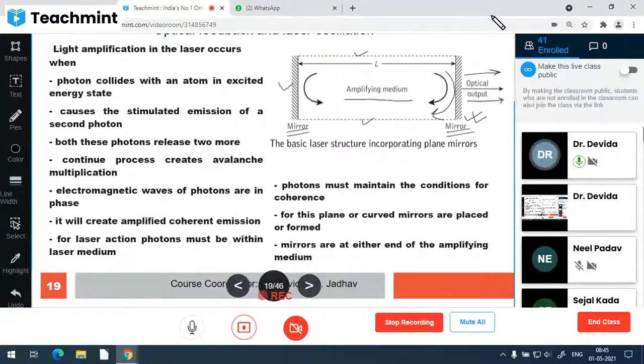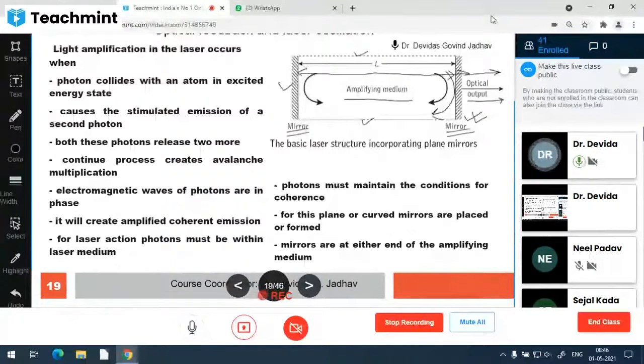So all the photons oscillate in the direction of length L. Due to that, this becomes the oscillating cavity, which is the same as the oscillating cavity in microwave, electromagnetic cavities.